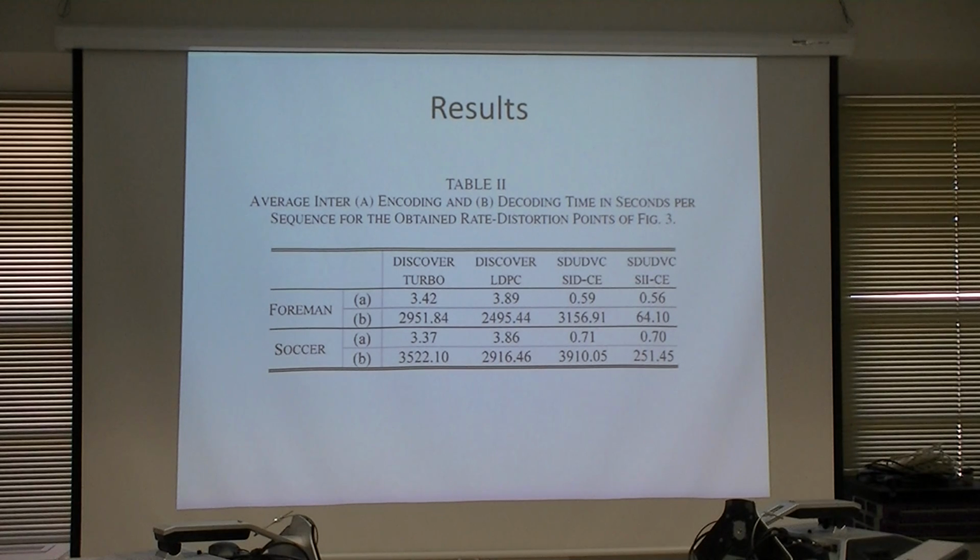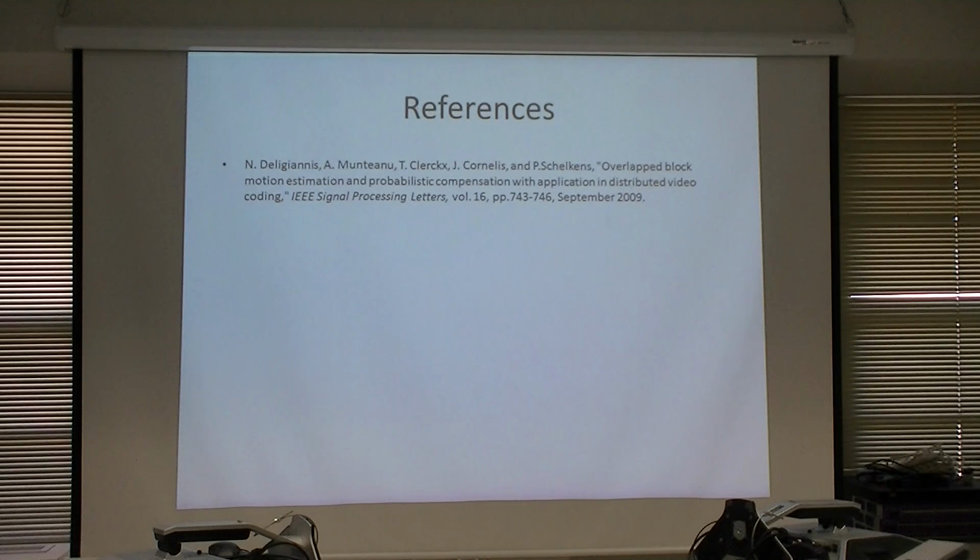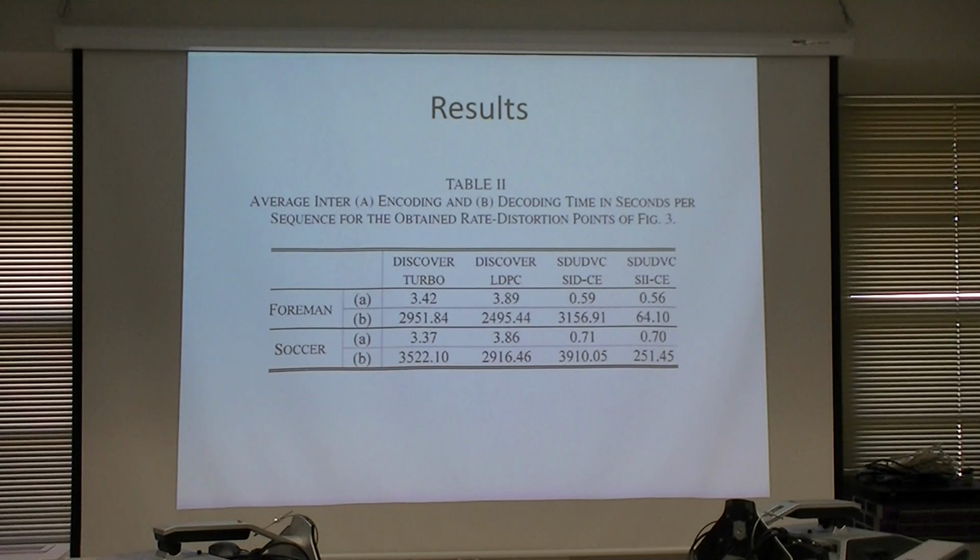But for the proposed algorithm, the decoding latency is the side information dependent estimation, which mainly depends on two parameters, the overlap step size and the search region in the reference frame.